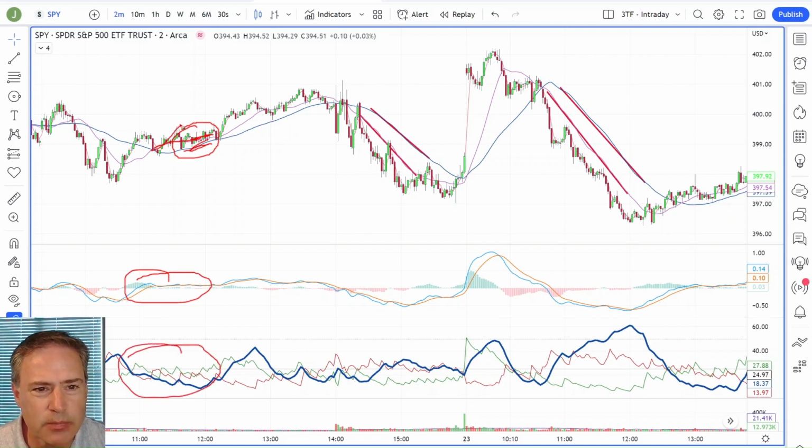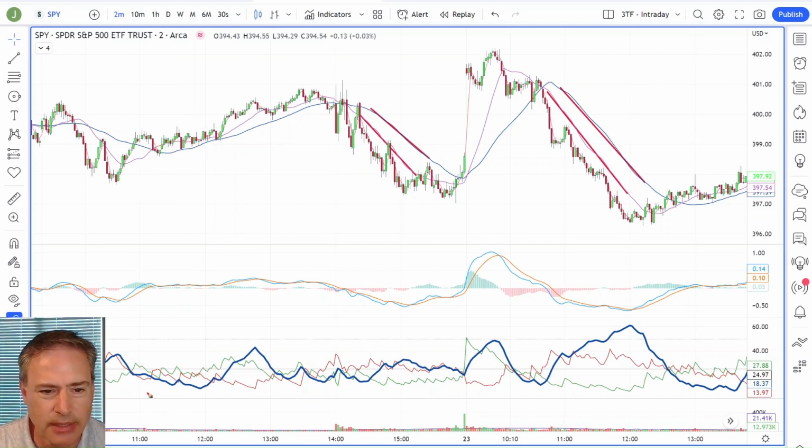You see how when this moved up and pulled back, MACD did not confirm with the new high, and we had a miserable action in the ADX line as it was dropping. But once this started to move higher, we got confirmation here and confirmation here. So I could look to play a pullback here, even though these don't have that perfect parallel look.